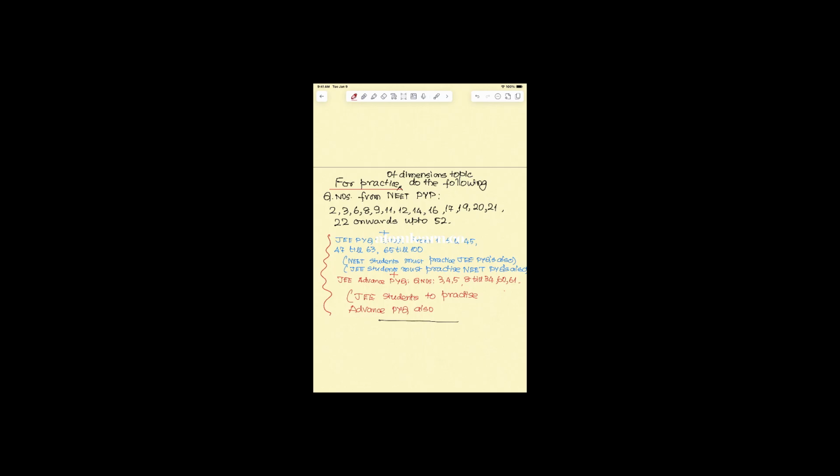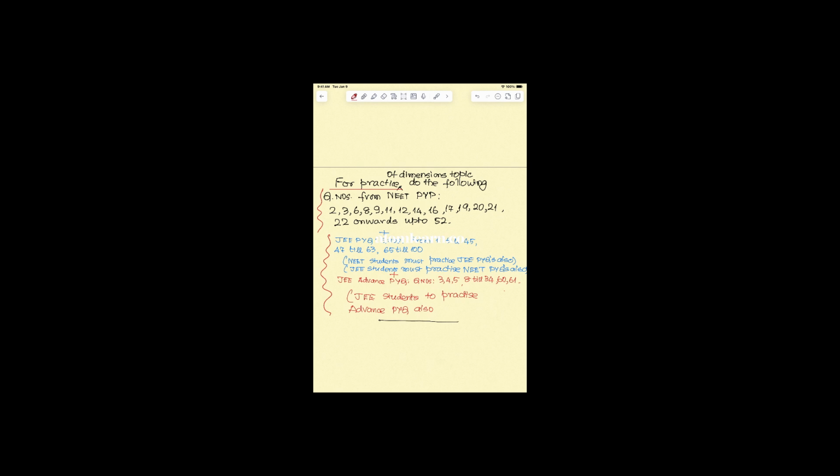I am giving you this list of questions. Not only NEET, you also try to attack JEE questions. Now JEE questions are supposed to take more time, but generally I find that in this chapter, the kind of JEE questions they are asking are of a very similar level of difficulty as NEET questions. There is practically no difference between the NEET level and the JEE level as far as this chapter is concerned.